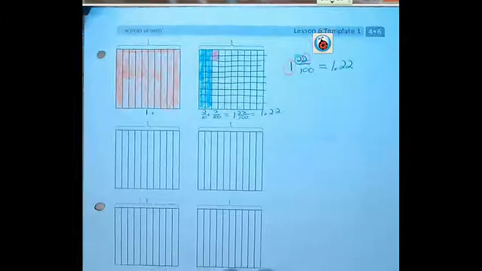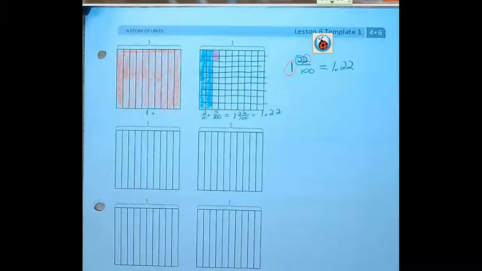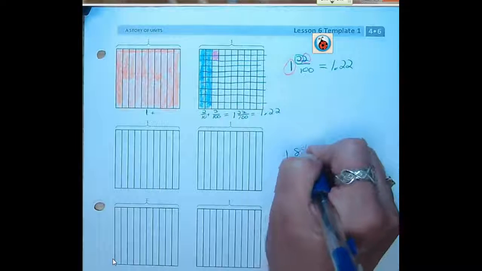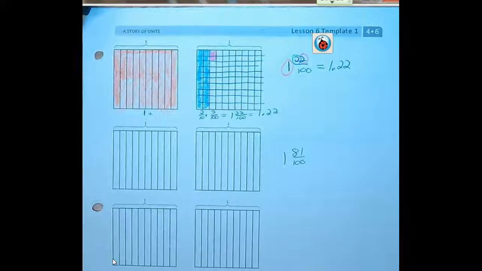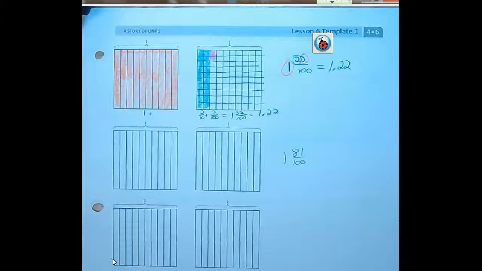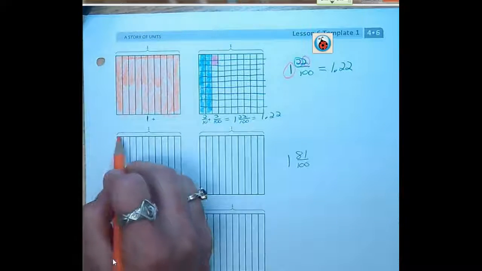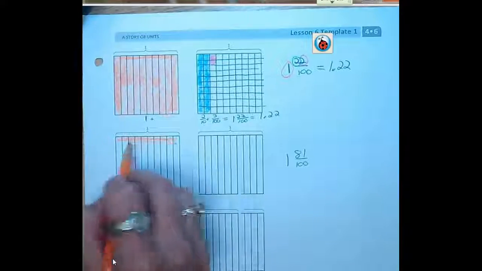Okay, let's look at the second one. You're going to do this one on your own, and then you can come back and check your work. Let's do 1 and 81 hundredths. I want you to show me that on this place value chart. If I'm going to show that, I would shade in the entire 1.